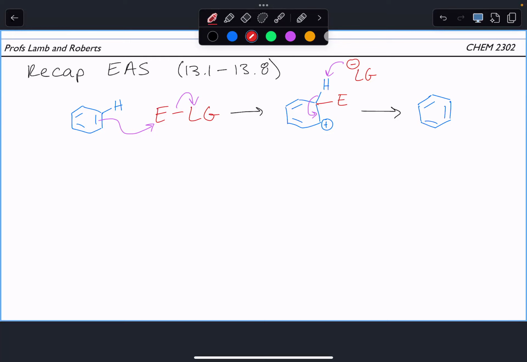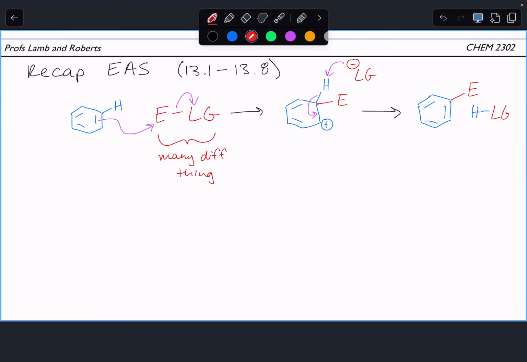So the overall consequence of this is that we have substituted 1 hydrogen with our electrophile, right? So that's why it's electrophilic aromatic substitution, because we've substituted a hydrogen with an electrophile. And you learned a bunch of different reactions because this electrophile can be many different things.